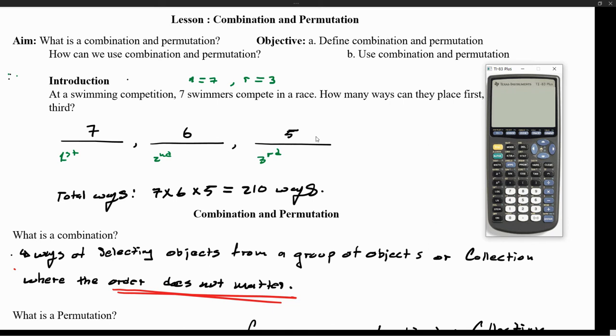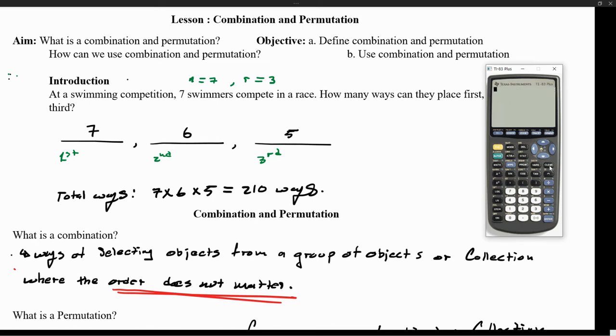Since we know that this is a permutation, we're going to be looking at the math button, and then we're going to go to probability. Notice that option 2 will give you an option of permutation. But the way that we're going to be using this option is the following. We're not just going to be pressing 2 right away.